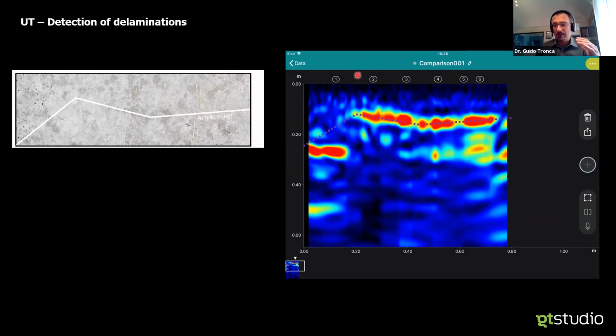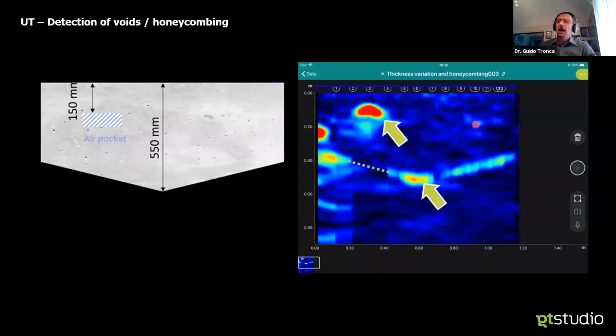Again, here we have a similar output to GPR. We move the probe onto the surface, distance versus depth, and I have a clear overview of what can be a cold joint, or a corrosion-induced delamination, you name it. Similar feature for a small air pocket.